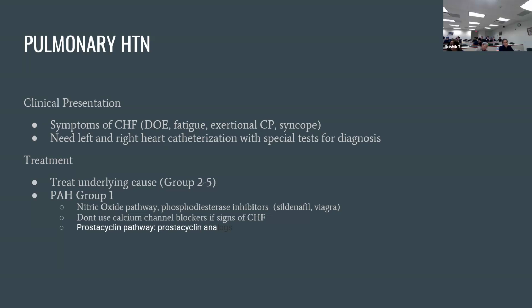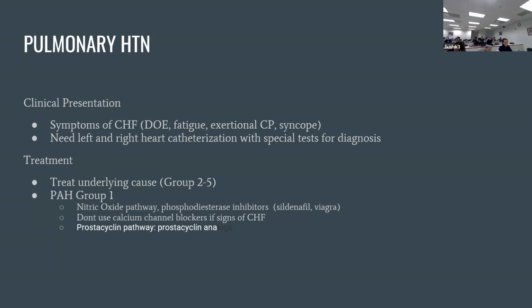So for pulmonary arterial hypertension group 1, we do the special test on the right heart cath to see if it responds to nitric oxide. And then we use our phosphodiesterase inhibitors like sildenafil or Viagra. Do not use calcium channel blockers if they have signs of CHF.